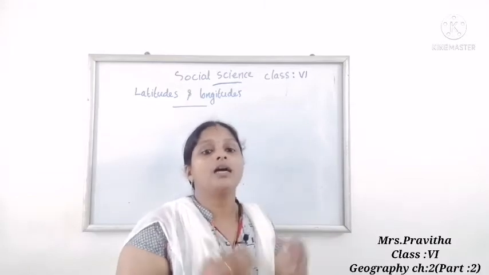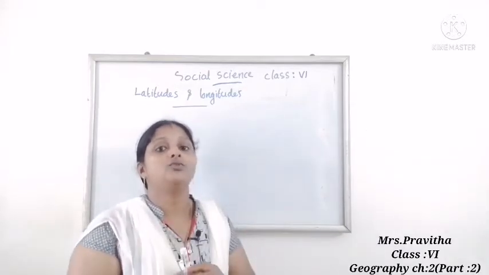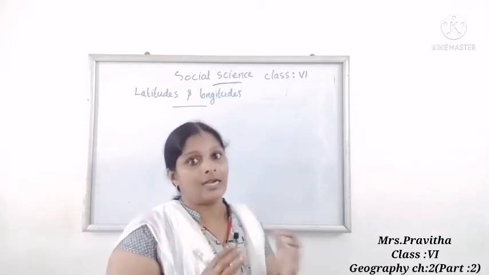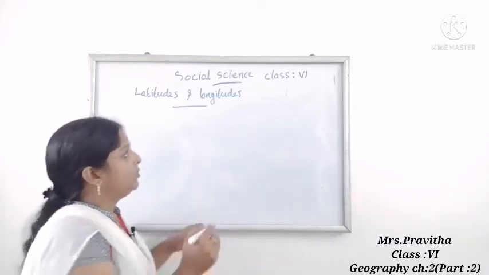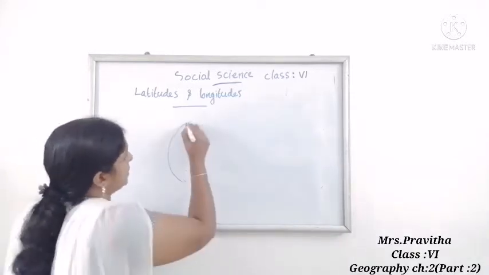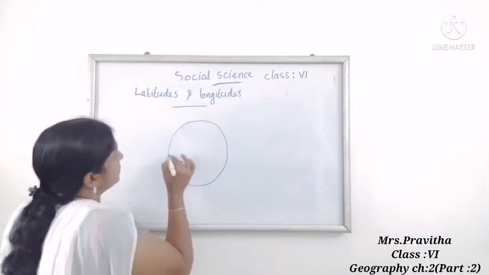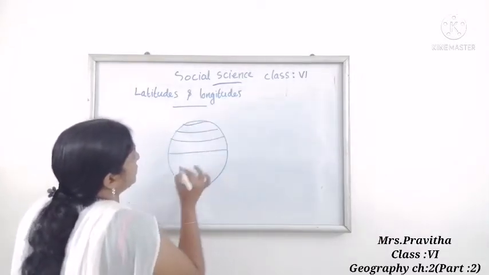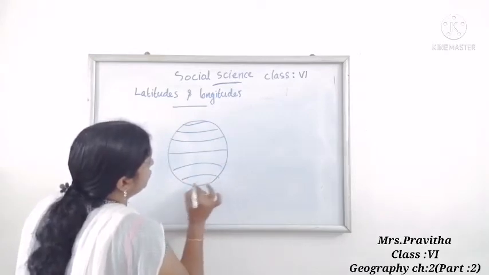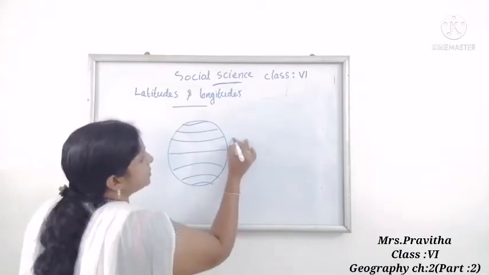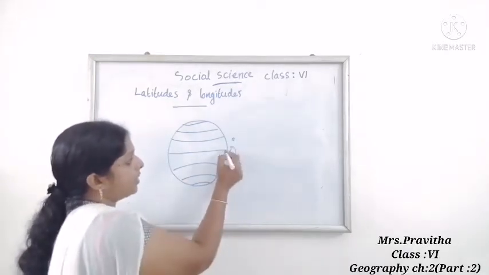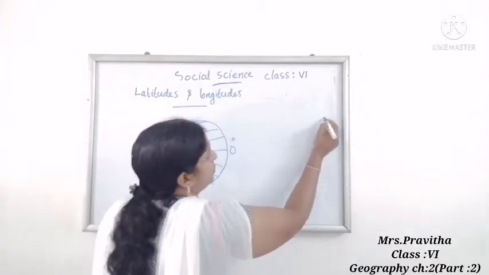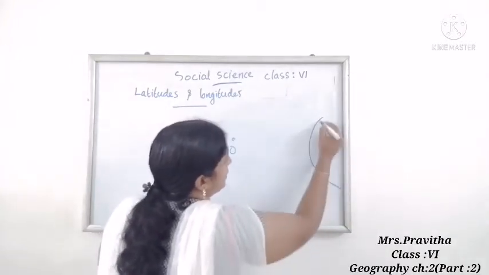So what about the other latitudes? Other latitudes are getting slanting sunlight. I will draw it so you can understand it very easily. These are the important latitudes. Ma'am taught you 0 degree latitude, this is the equator.